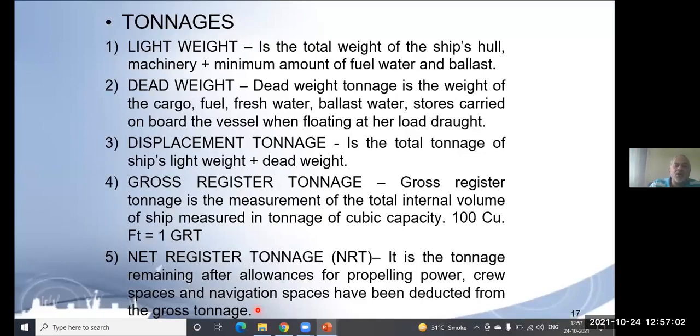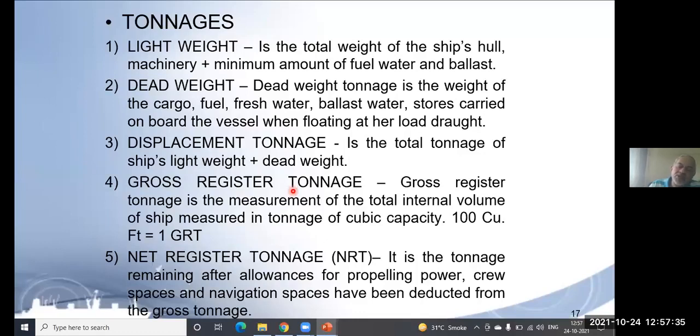So if we are okay with light weight, deadweight, displacement, GRT, and NRT, then we will move further. Sir, GRT sometimes is measured in CBMs. So it is CBM converted into tons, no? By this concept. Is the measurement unit fixed here?